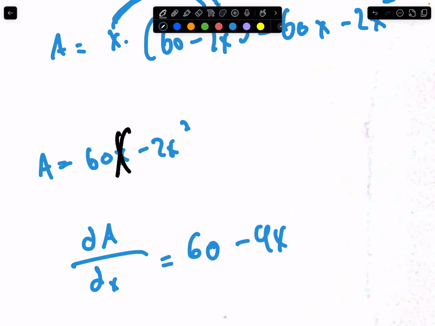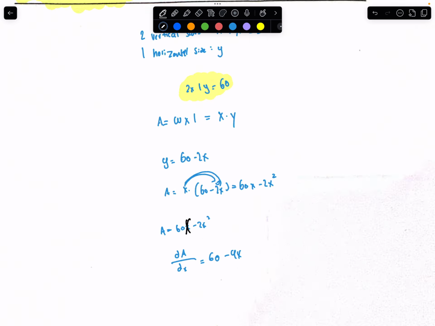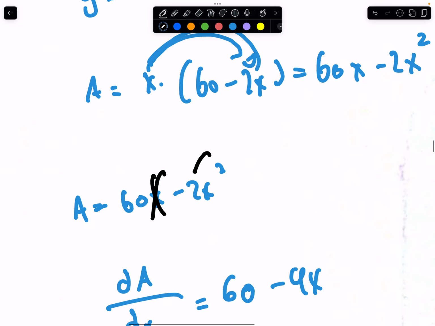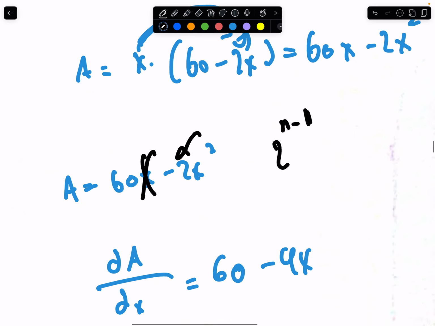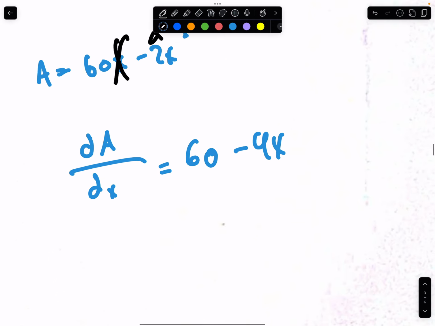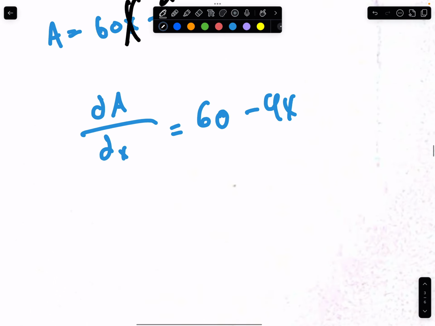The 2 multiplies with the 2 because we're going through the formula, and the exponent minus 1 becomes 4x, just 4x, and we're going to set this equal to 0.